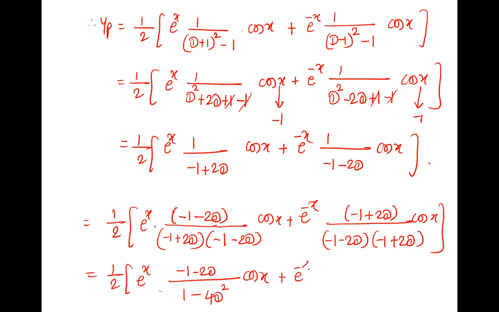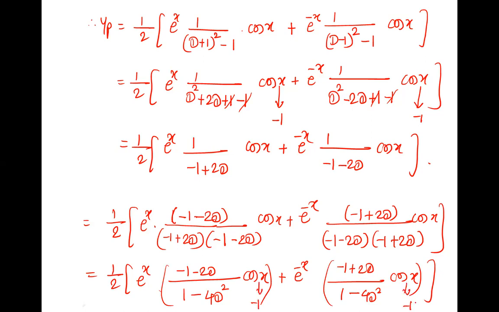Plus here it is e raised to minus x, minus 1 plus 2D upon, what is that? Minus 1 square is 1 again, plus minus minus 2D square, that is 4D square on cos x. There is D square now. So the D square is replaced by, in this case, minus 1, and in this case also minus 1.